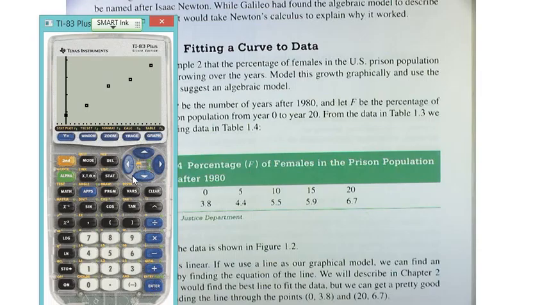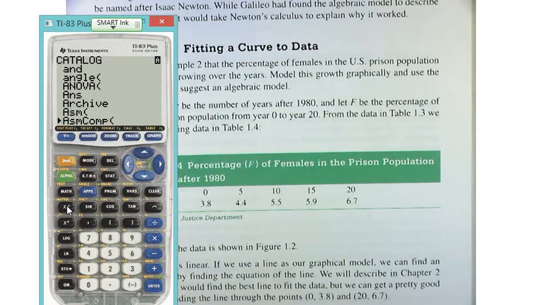So let's do a linear regression on this, but before we do that, there's a thing that we call diagnostics. It could be turned on on your calculator, it may be turned off. So what you would do is hit second, catalog, and instead of scrolling through all these letters to find the different programs on my calculator, if you look really close, there are letters.